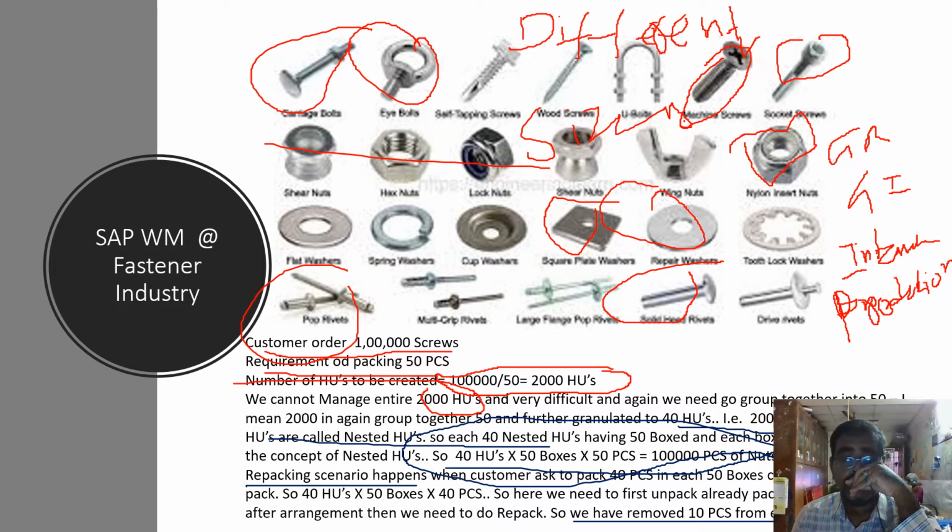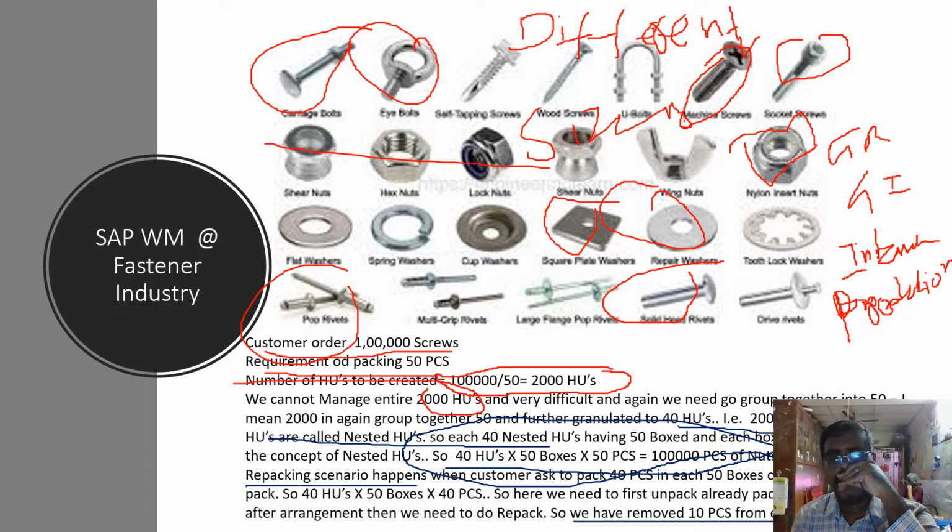First we need to remove that nested HU from the main HU, and then if need be they will create new HUs and everything based on the repacking decisions taken by the top management. Again you need to remove the HU from the delivery. So all these things form a complex process in SAP WM. Okay. So the handling in WM HU will be a complex process.